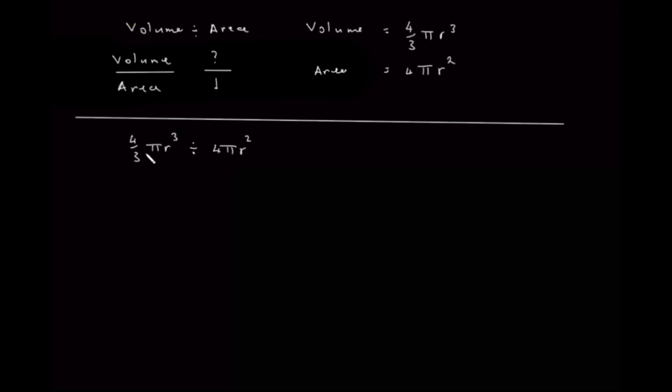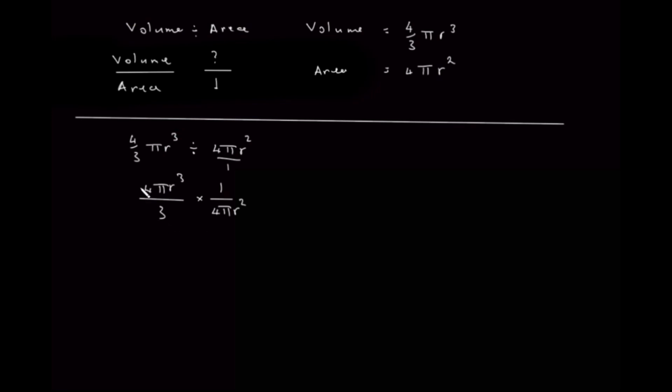I can write this bit here as 4 pi r cubed all over the 3, which then is divided by that, which is the same as multiply by. Hang on, if I do that, you've seen me do this before, divide, change the sign to multiply, turn that upside down. So we have 1 over 4 pi r squared.